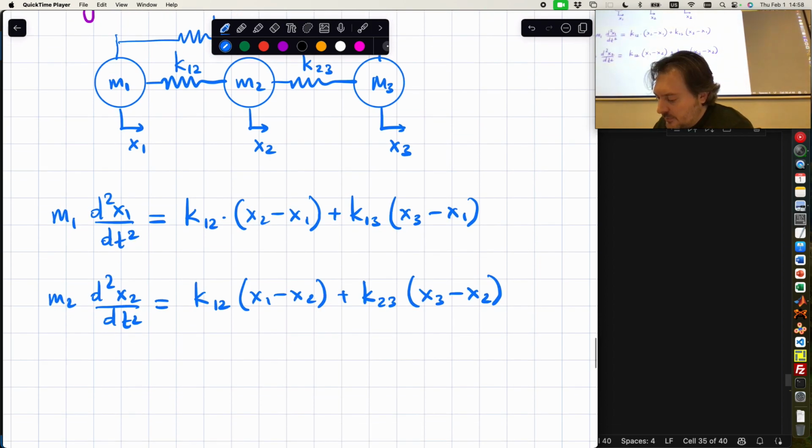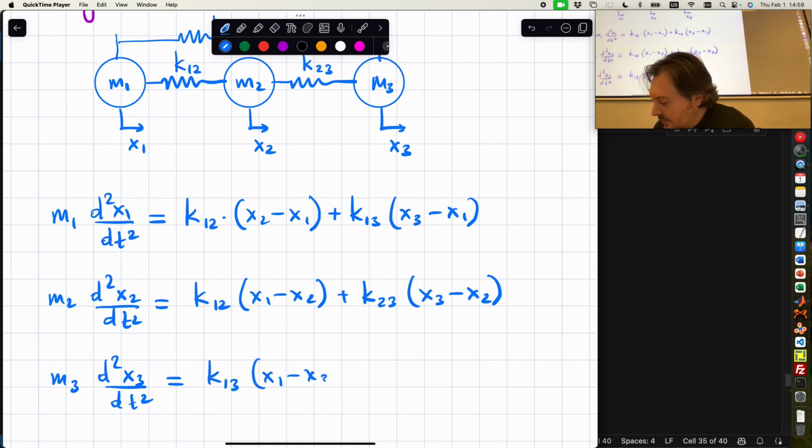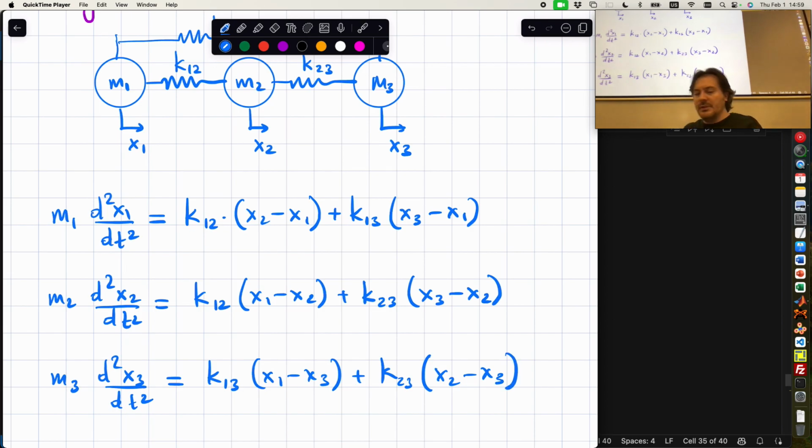So that really helps you. M3 d squared x3 over dt squared equals K13 times x1 minus x3, plus K23 times x2 minus x3. Did I make an error? No. Hopefully these equations are correct.